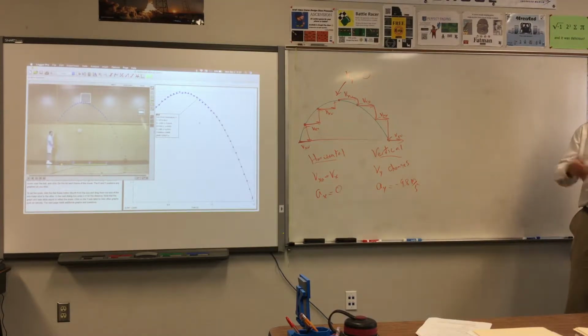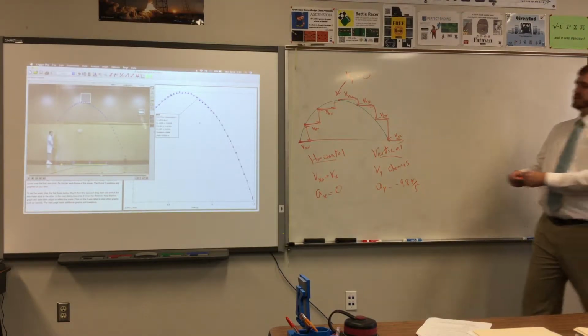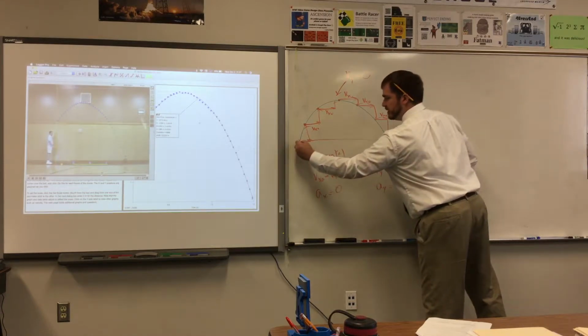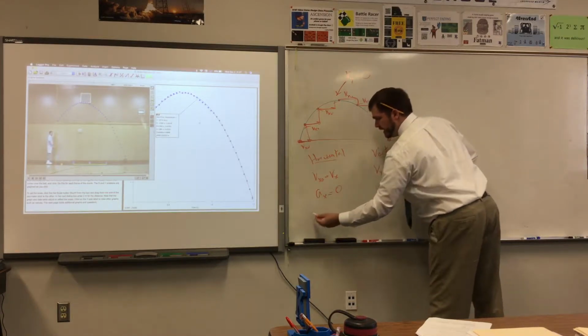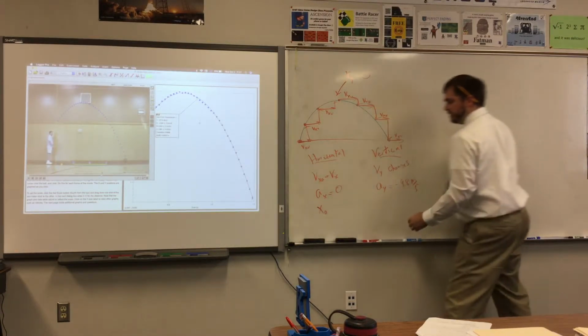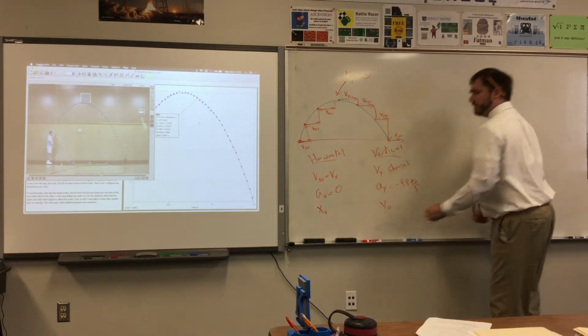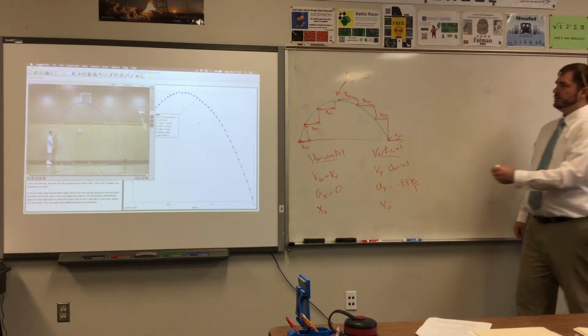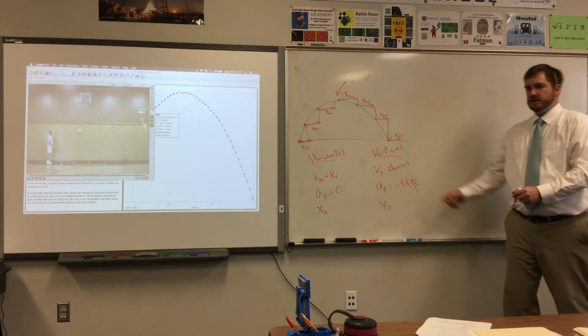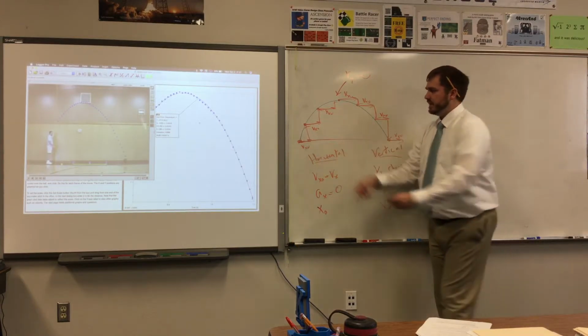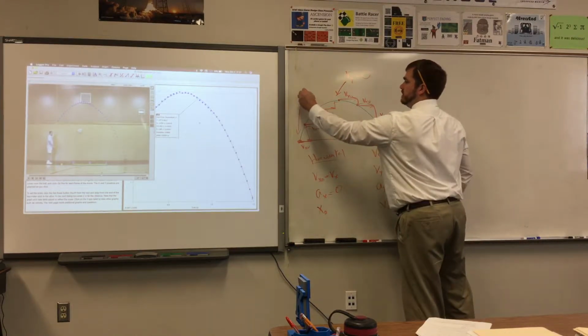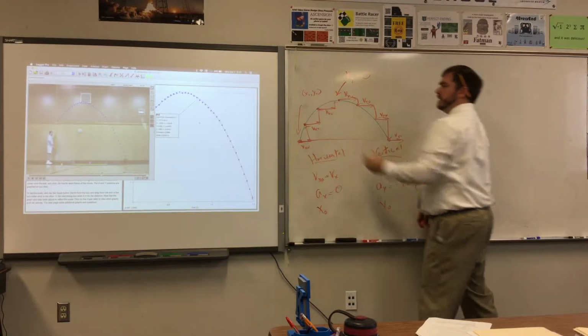We could also talk about the initial coordinate, this point right here. It has an x naught, and we could also talk about its original coordinate, y naught, just because that's its initial x and y value, x naught, y naught.